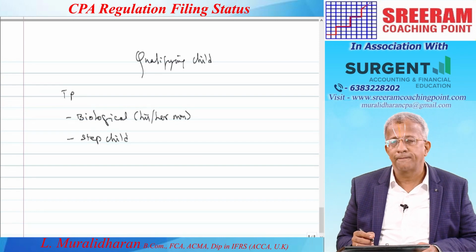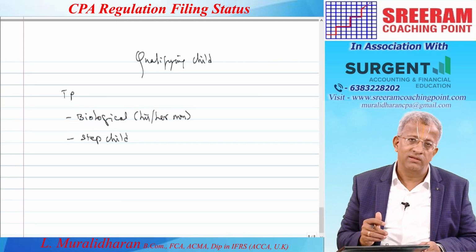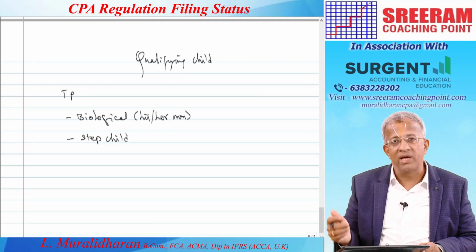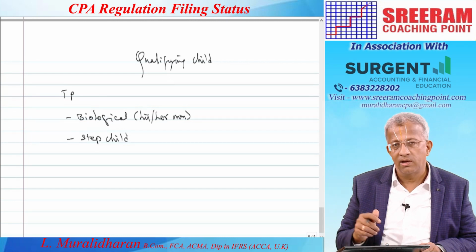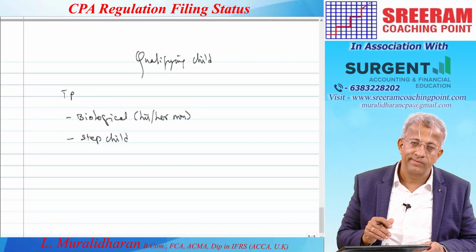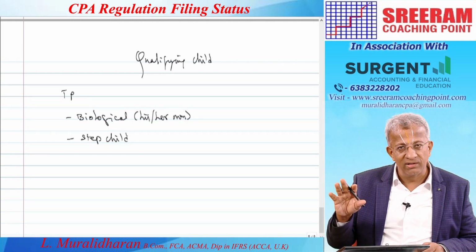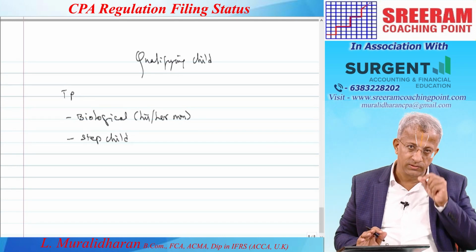Stepchild would mean, where Mr. A is marrying another person B, Mrs. B. B has got children through a previous marriage.